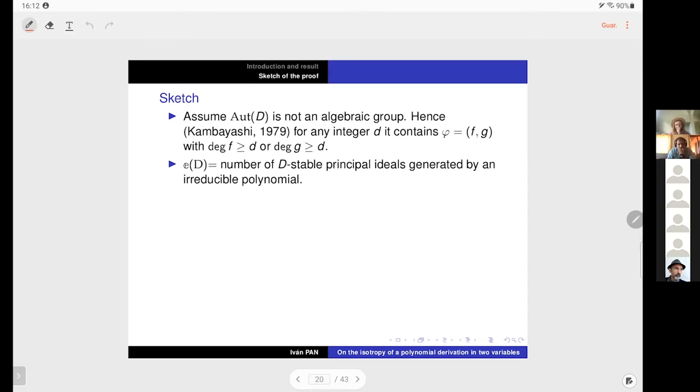If you think of D as a vector field, for example in the case where the field is the complex numbers, then these vector fields correspond to a foliation, and a principal ideal stable under D generated by an irreducible polynomial corresponds in this geometric setup to an irreducible curve which is tangent to the foliation. This is the geometric interpretation of a principal ideal which is stable for the derivation.